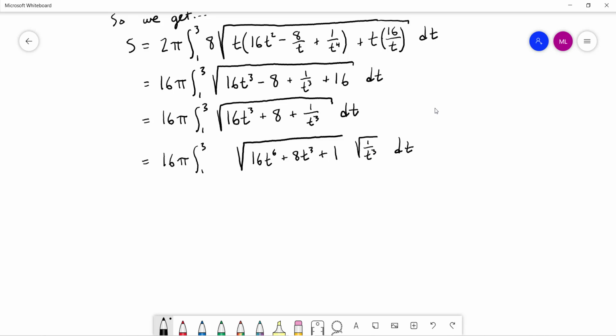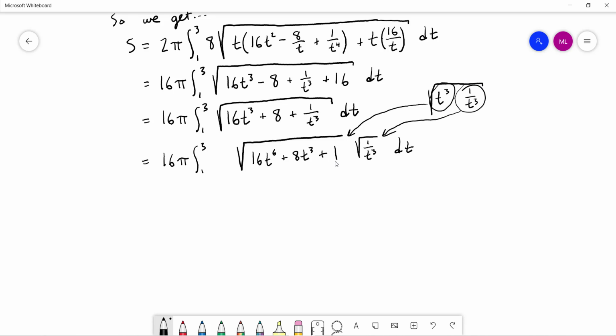So essentially I multiplied by t cubed times 1 over t cubed. The whole thing was inside the square root. This part got put in there, this part wound up separate right there. That's all I did. So I multiplied by 1, a really ugly form of the number 1.